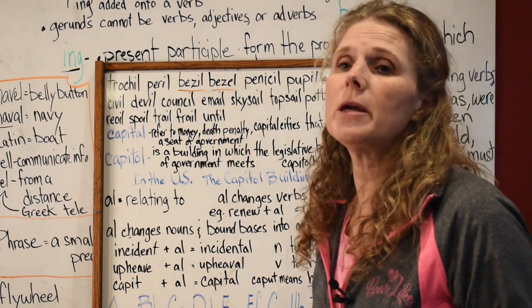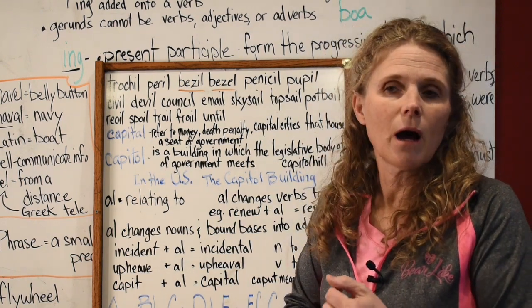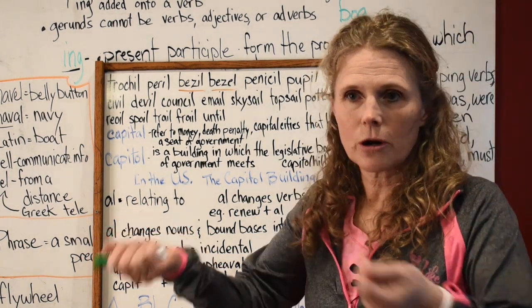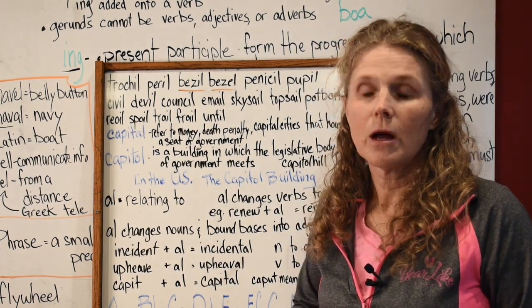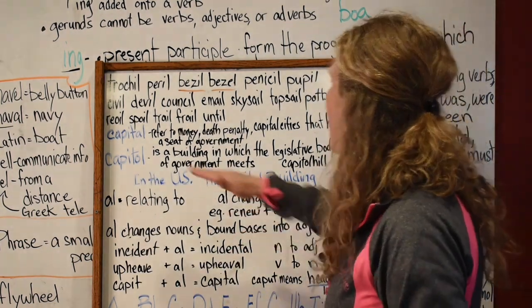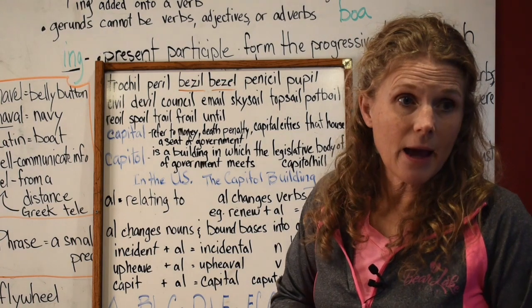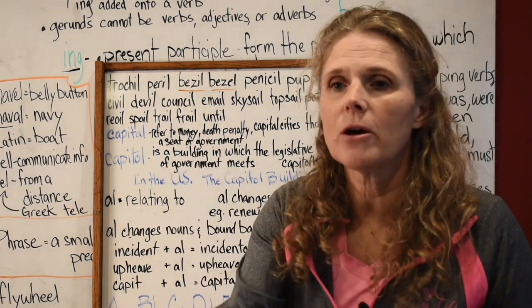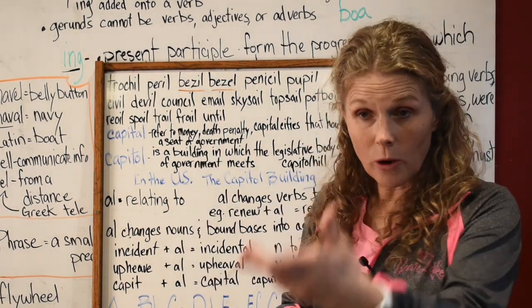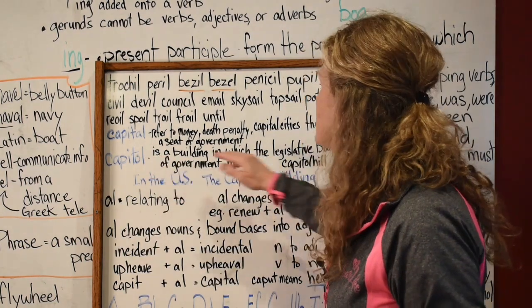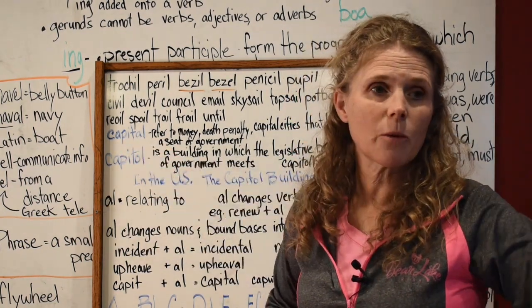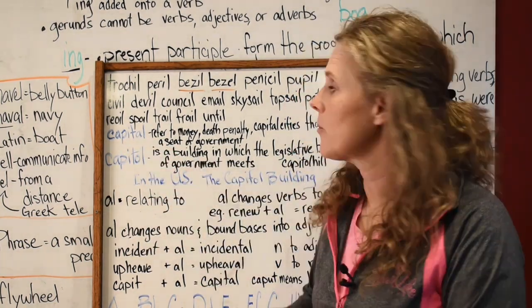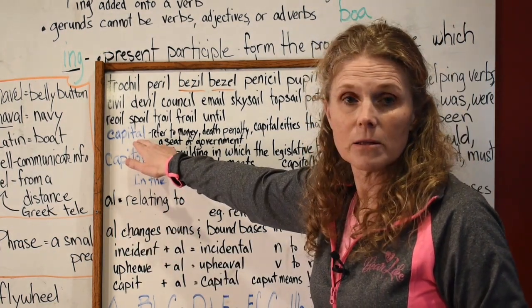So what would be the capital city of New York? Albany. So that would be spelt with an AL. What's the capital city of Idaho? Boise. So when I say the capital city, I want the capital city. If we're referring to that, we're spelling it with an AL. Okay?